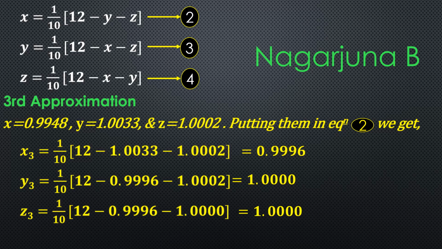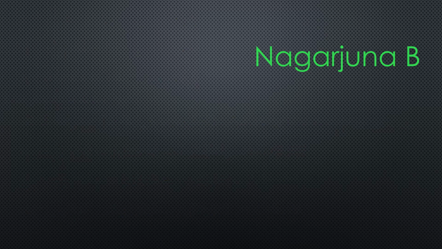So therefore we can stop this procedure of finding the approximate solution for a given system of equations by using the Gauss-Seidel method. x is equal to 0.996, which is nearly equivalent to 1.